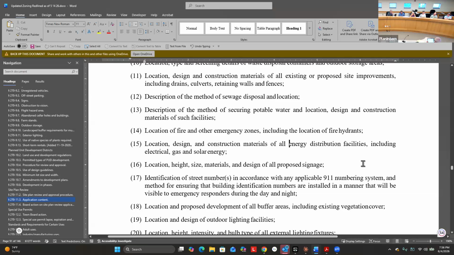This was actually my question. As it's currently worded, does it mean energy distribution facilities off-site coming into the area to be developed? And I thought, no, that couldn't possibly be.